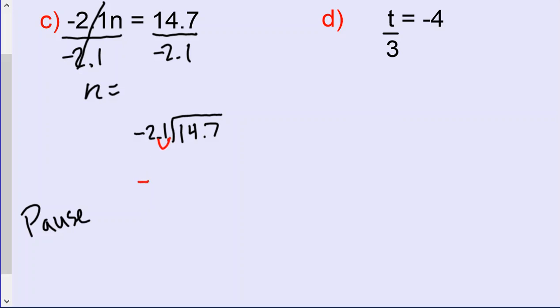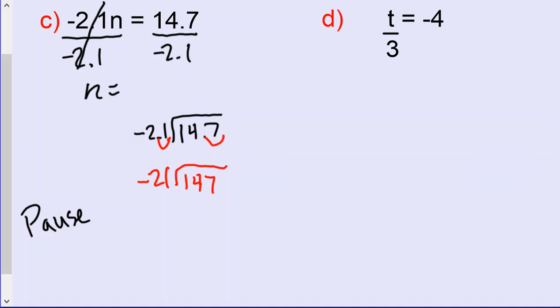So we'll have negative 21, and then we need to do the same to the dividend. Move it one place to the right, so we'll have negative 21 going into 147, or 147 divided by 21.